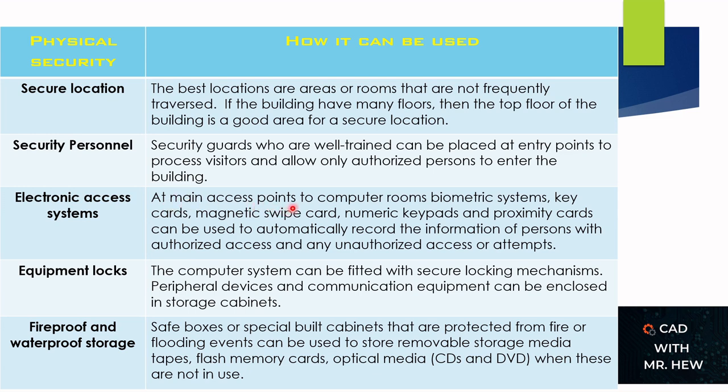At the main access points of a building or a room, biometric systems, key cards, magnetic swipe cards, numeric keypads, and proximity cards can be used to automatically record the information of persons with authorized access and any unauthorized access or attempts.